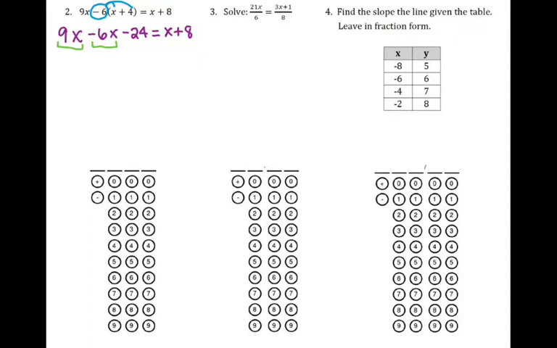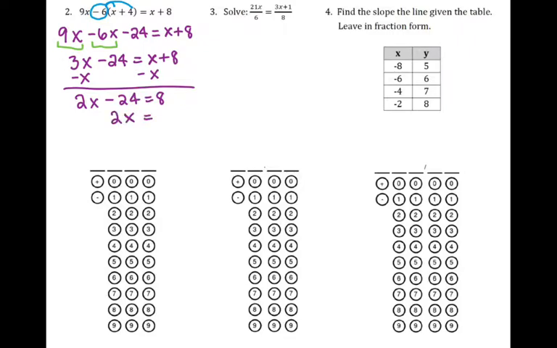So 9x minus 6x is 3x, minus 24 equals x plus 8. Variables on the same side: 2x minus 24 equals 8. Add 24 to both sides. I get 2x equals, what's 24 plus 8? Losing brain power. Ooh, 32. And divide by 2, and I get x equals 16. So on my response, I'm going to put 1 and 6, and I'm going to bubble in the 1 and the 6.